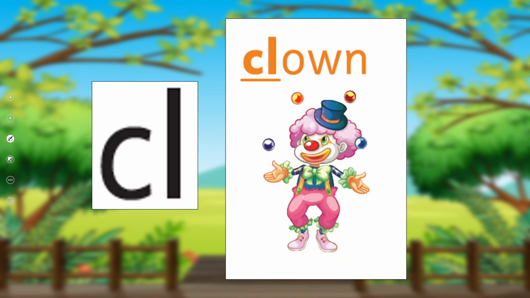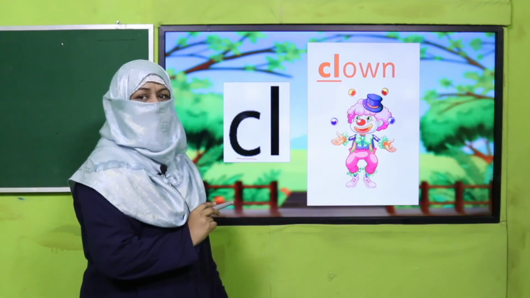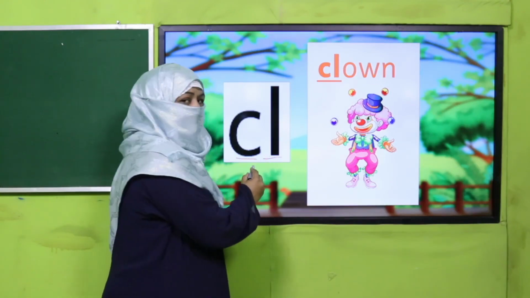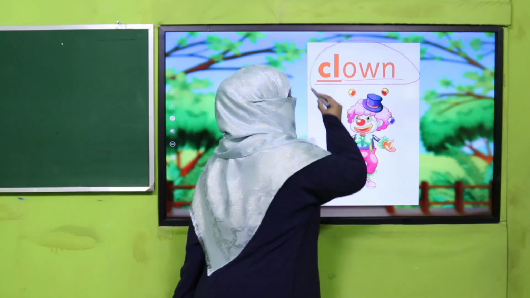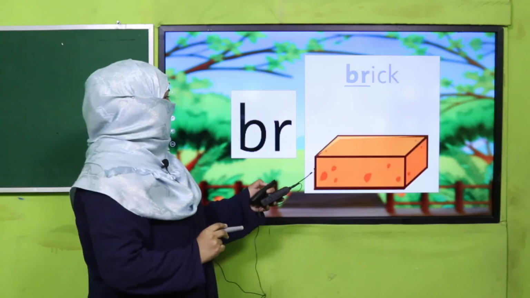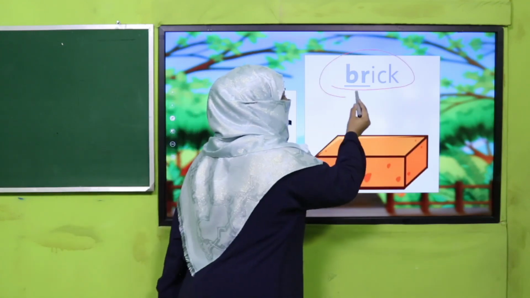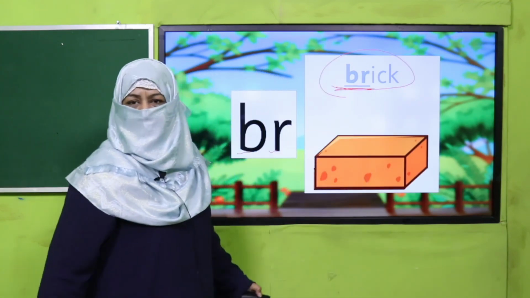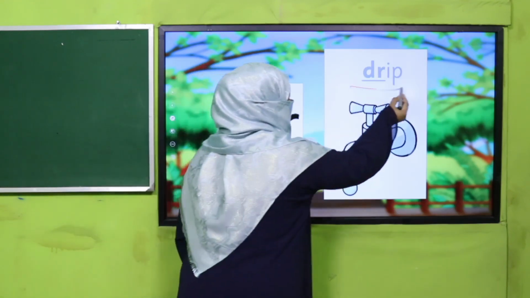Clown. So C, what is the sound of C? It's K. What is the sound of L? It's L. So how will you say it? Clown, right? The next is brick, right?